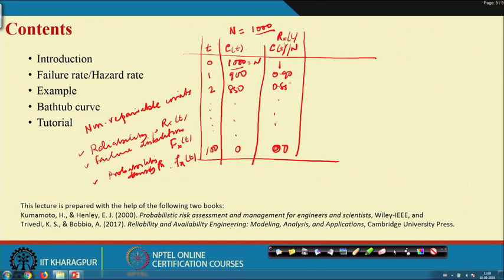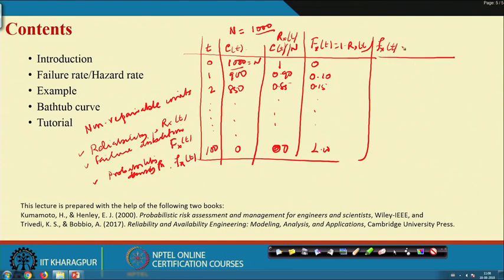Then we have seen F(t), which is basically 1 minus R(t). So 1 minus 1 will be 0, then 1 minus 0.9 is 0.10, 1 minus 0.85 is 0.15, like this, and finally it is 1.0. Then for small f(t), what you have done is the number of units that fell between t plus delta and t, divided by n.